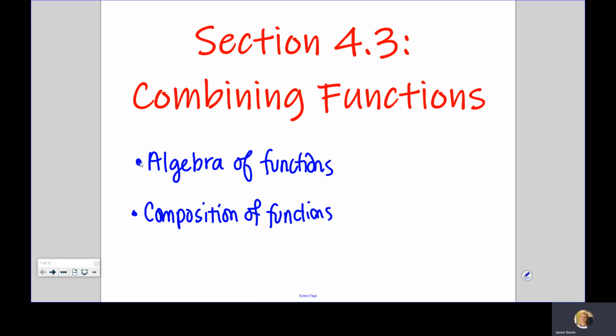The algebra of functions is just where you're adding, subtracting, multiplying, dividing. And composition of functions is where you're plugging functions into other functions. So we'll look at both of these types of combinations today.